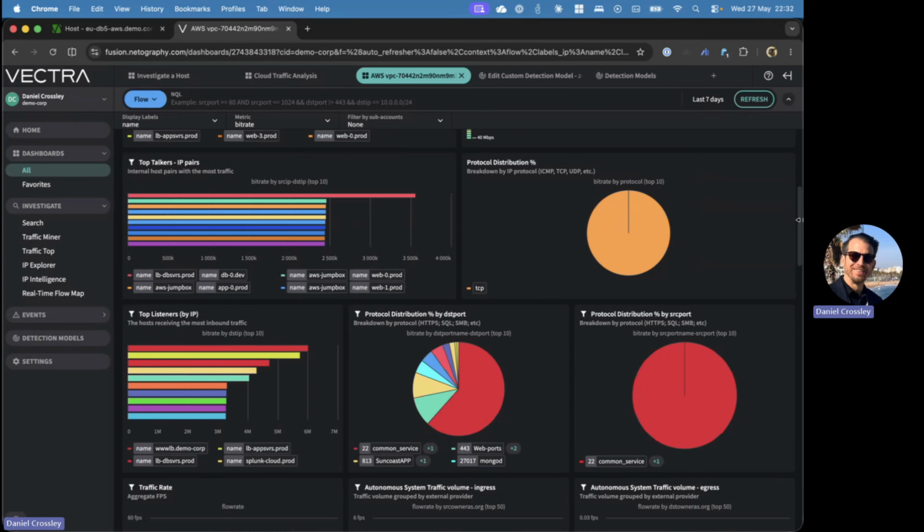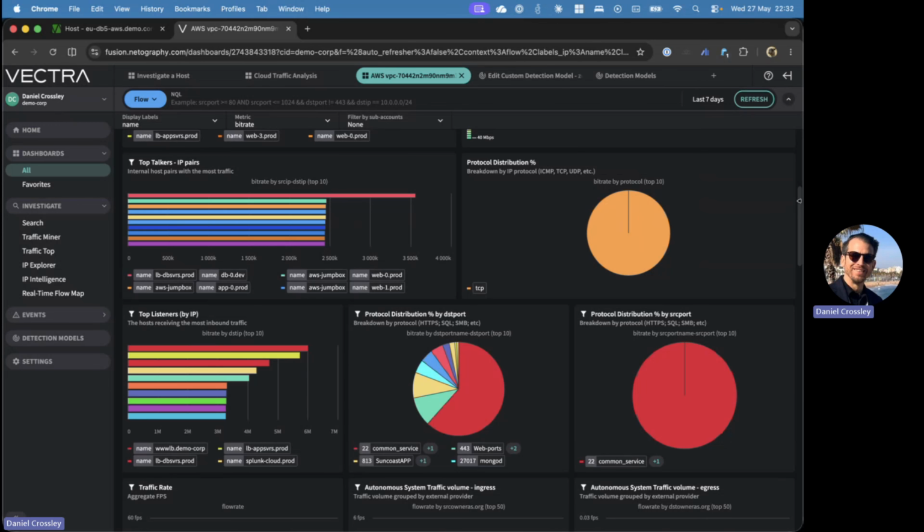That allows us to derive detections specific to your environments for instances where there is unauthorized east-west lateral movement, because that is something you want to know about. So things like top talkers and protocol distributions are all very important, but the traffic flow diagrams, the traffic flow charts, are where you can get a lot of value.